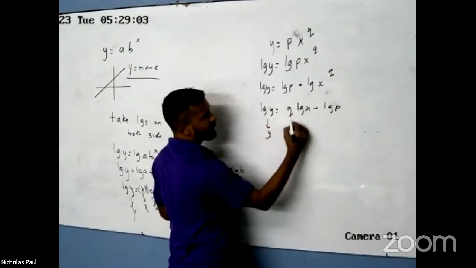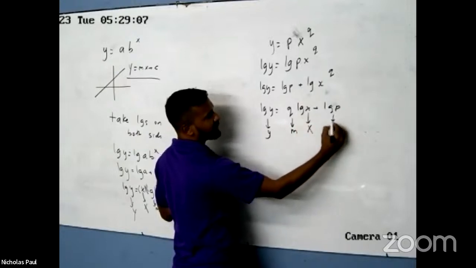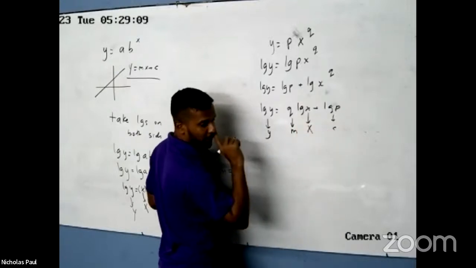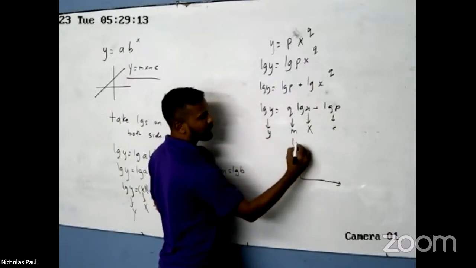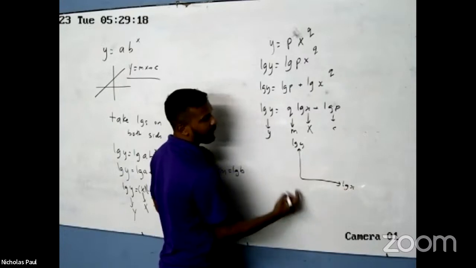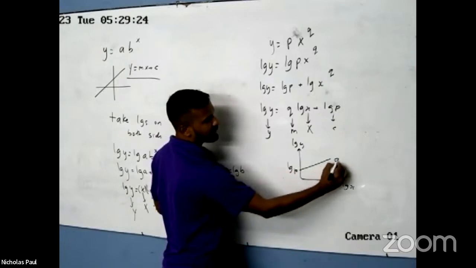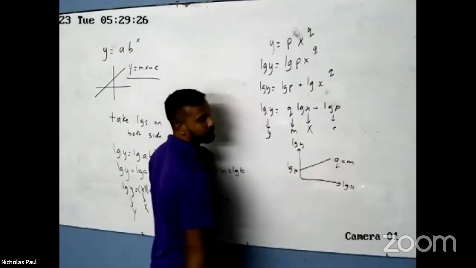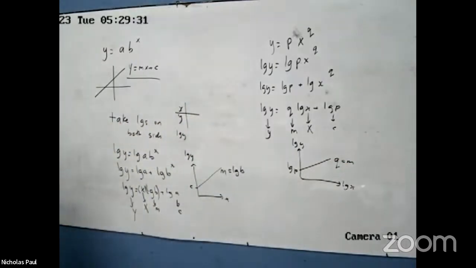This is your y, this is a gradient, this is your x, this is your c. So the graph that you're going to plot is log y versus log x, right? And the y-intercept is log p, and the gradient is q. Okay, that's what you'll get. Sometimes you have to draw the graph on it, right?